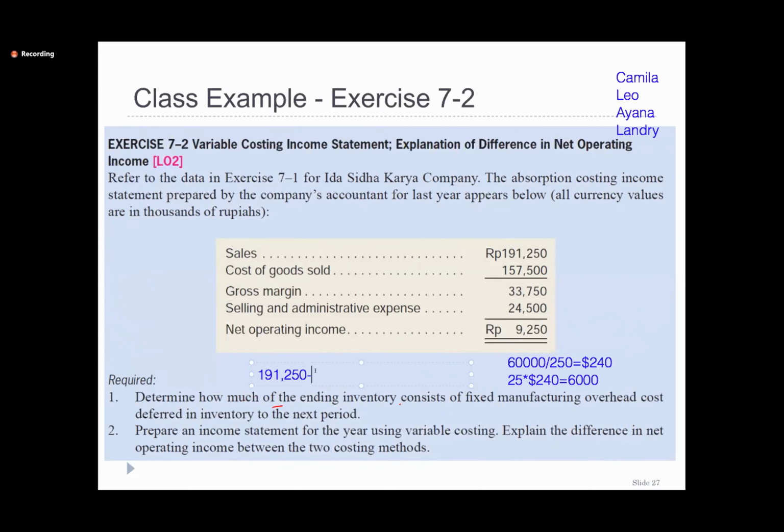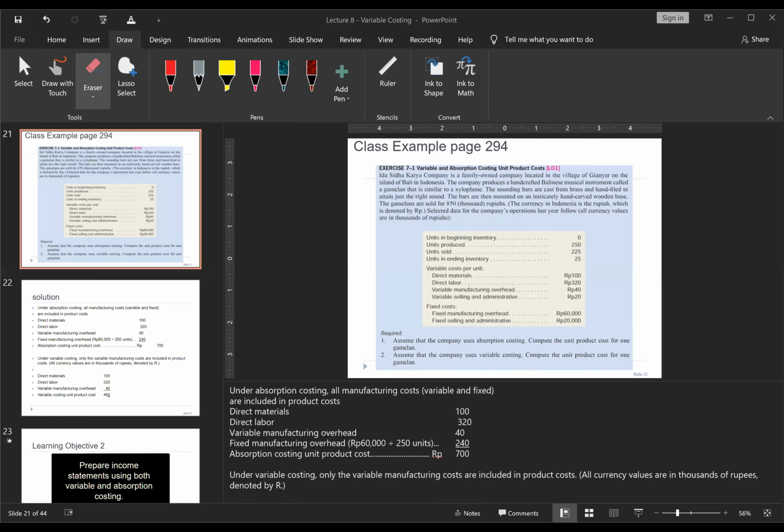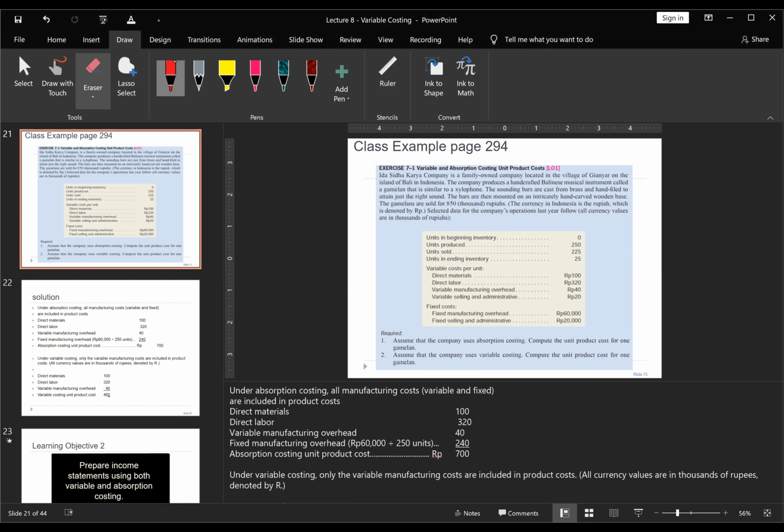Or let me show you here. You see here, in our 7.1, you have all the fixed costs. We also include selling and administrative, right? Yes, because this is the income statement according to CVP.